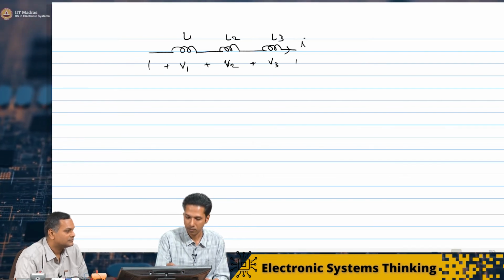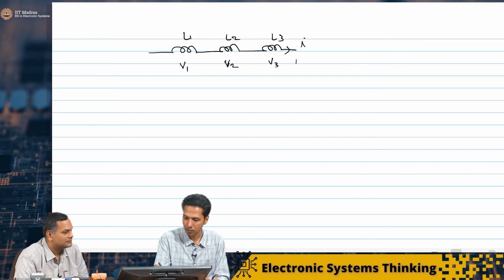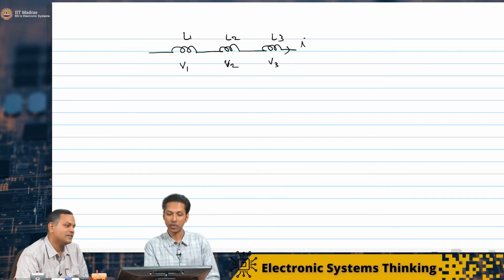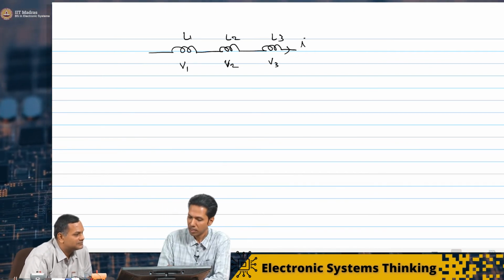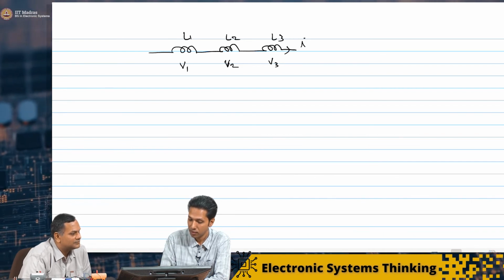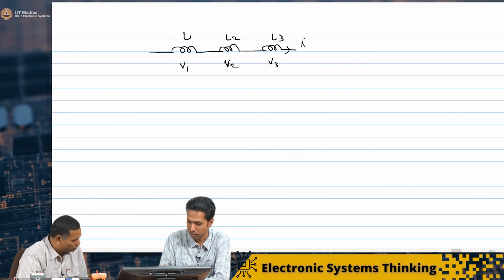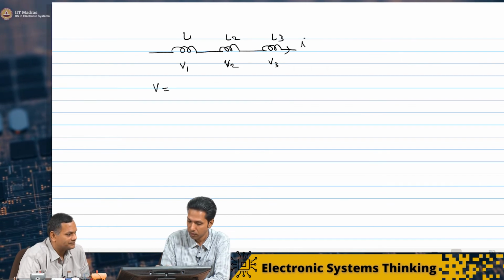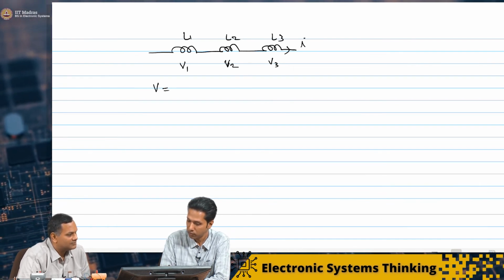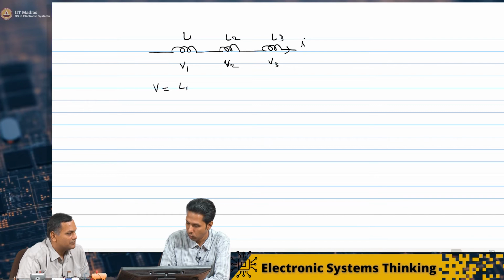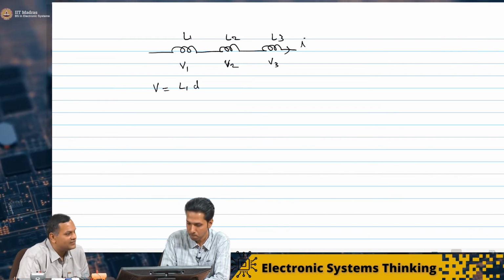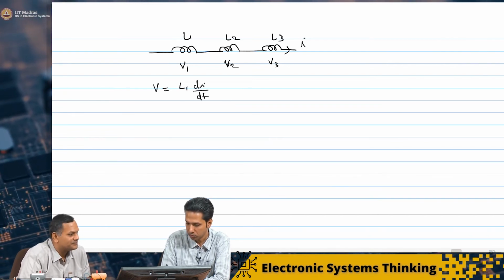Let's say V1, V2, V3 are the voltages. So I can write V, the total voltage across this, is equal to V1, which is L1 di by dt, where di by dt is the same for all.